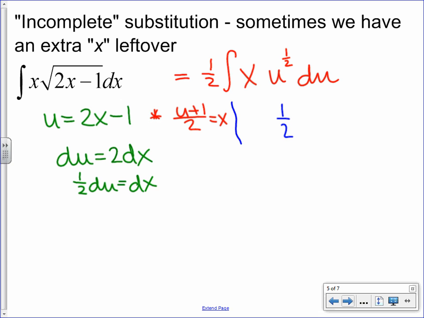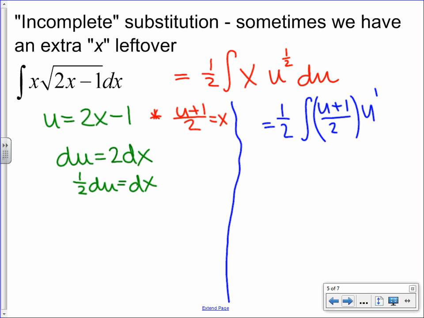So what we have is 1/2 the integral of u plus 1 over 2. How'd you get the u plus 1 by 2? Okay, so over here, we took this relationship and we solved for x. So add 1, divide by 2, and that gets us x. Okay? So now we have this.